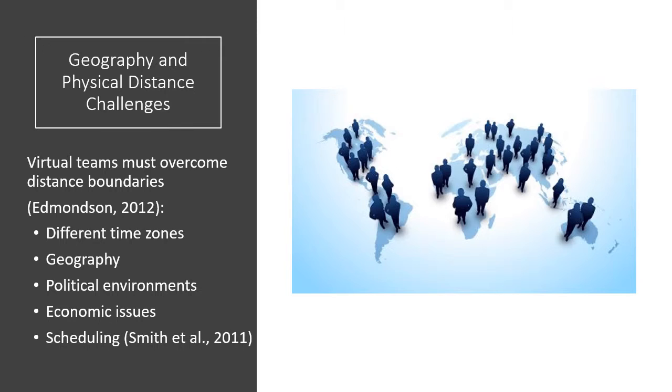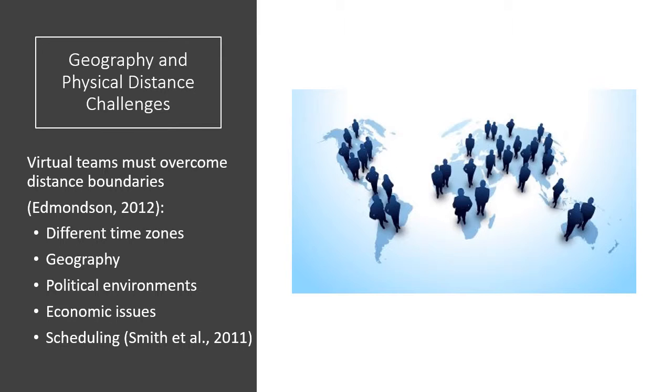Edmondson in 2012 calls this distance boundaries. Virtual teams must overcome boundaries including different time zones and distance, but also the political environment, economic issues, and cultural issues. Laying out a course of action for the team requires high-quality planning when dealing with culture, team control and hierarchy, as well as institutional and political issues.